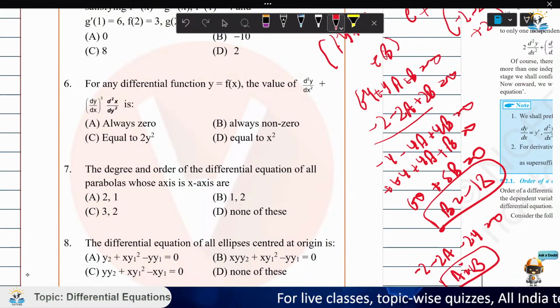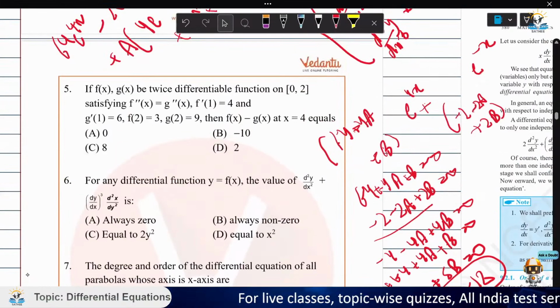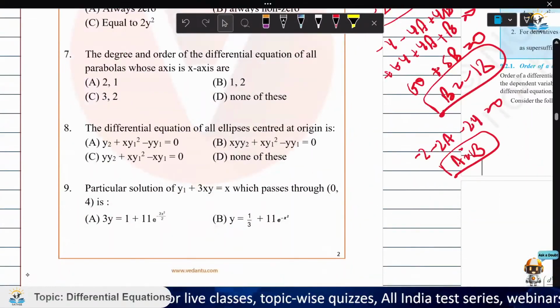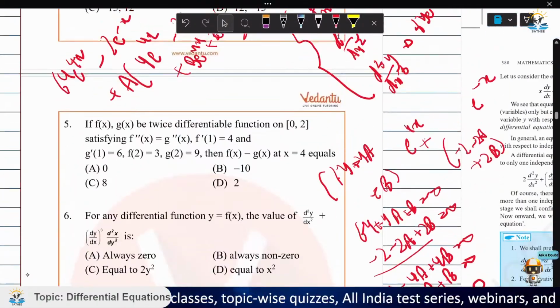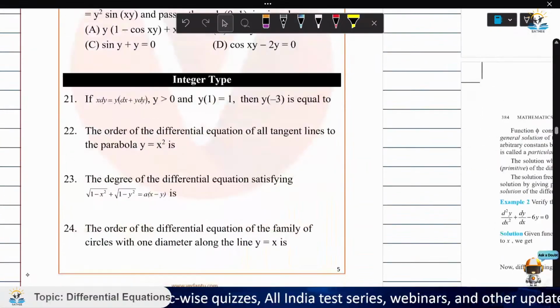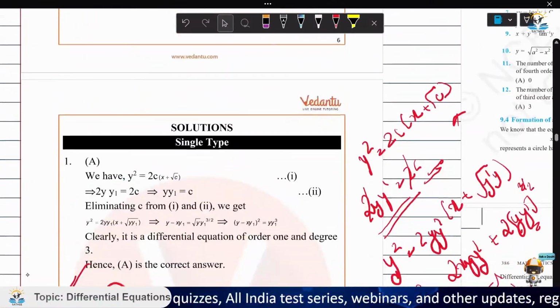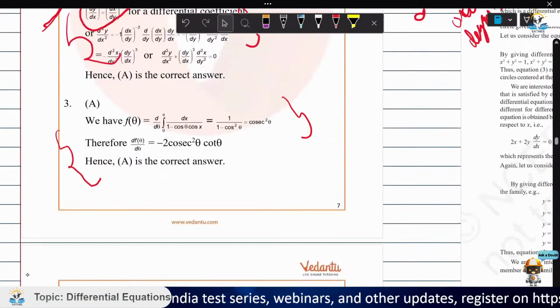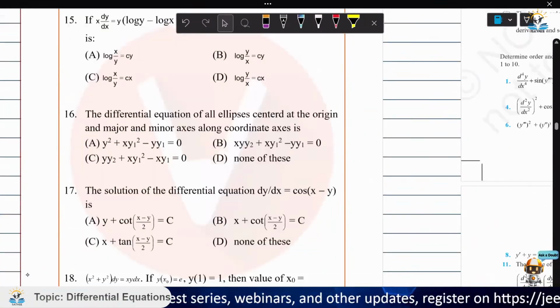Negative 13 and negative 12. So what we did was, since the whole equation was equal to 0, the coefficients would go to 0 because e to the power something would never go to 0, right? So the solution is yes. Let's move to the fifth part.